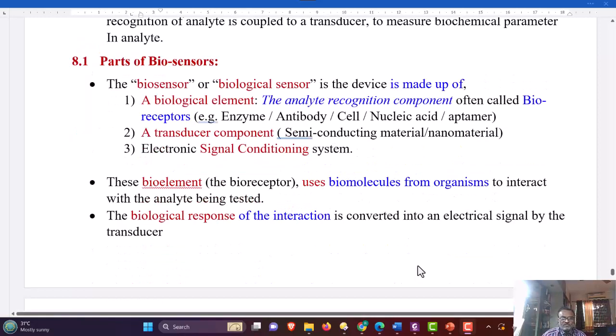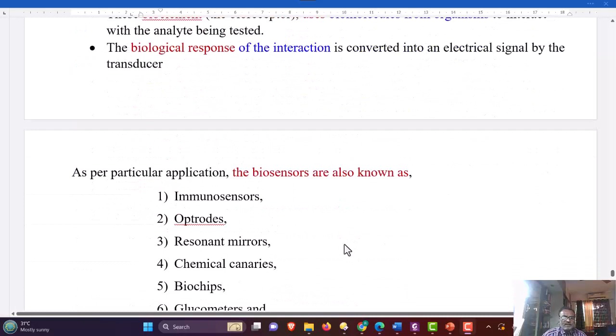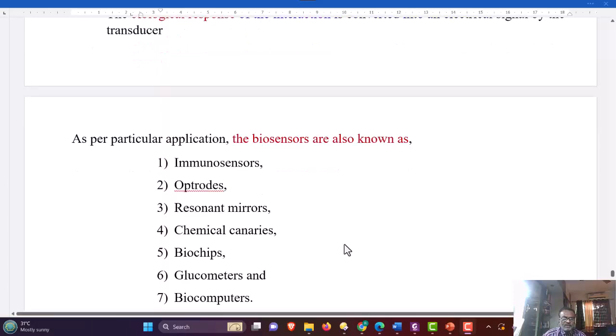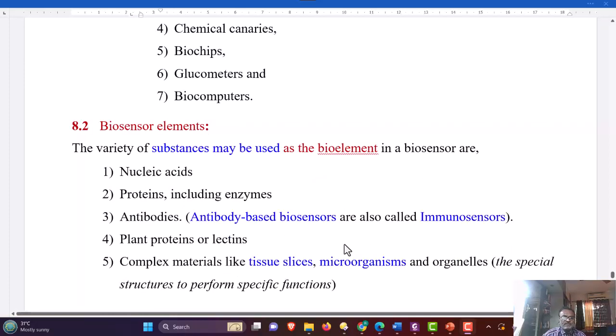The bioresponse of this interaction is then converted to an electrical signal by the transducer. As per the particular application, biosensors are also known as immunosensors, electrodes, resonant mirrors, chemical canaries, biochips, glucometers, and biocomputers.